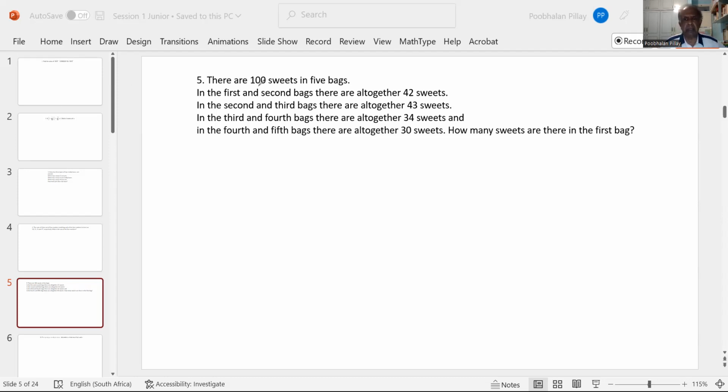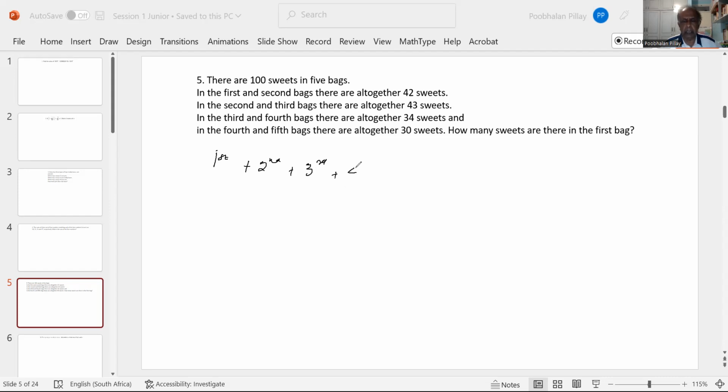So let's just take the first information, and we're not going to use symbols. We'll call it the 100 sweets in all 5 bags. So the first bag plus the second bag, we'll call it first, second, third, fourth, and the fifth, because this is what they are saying.